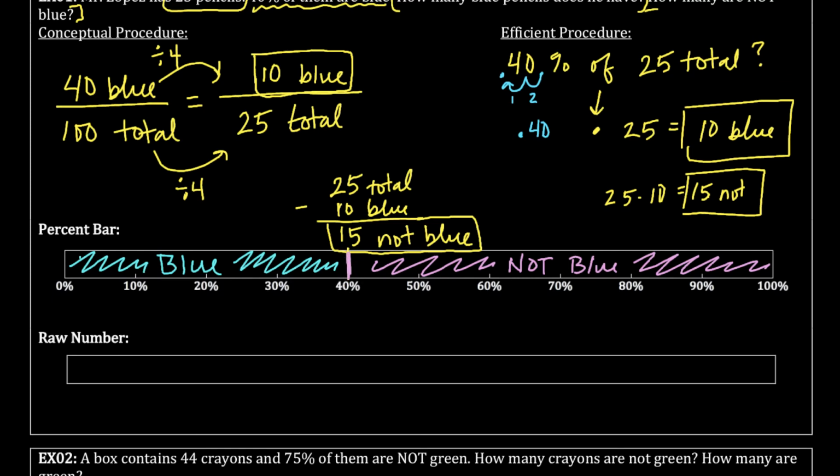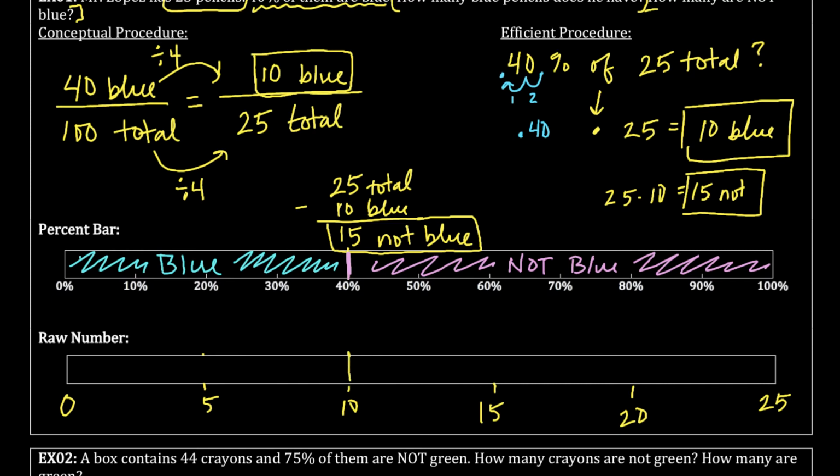Now let's talk in terms of raw numbers. So here's 0, and we have 25 total. Breaking this into 5 groups, 25 divided by 5 is 5. So 5, 10, 15, 20, 25. Okay. So we know that 10 were blue.